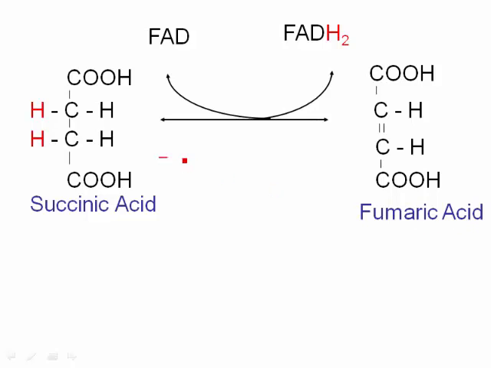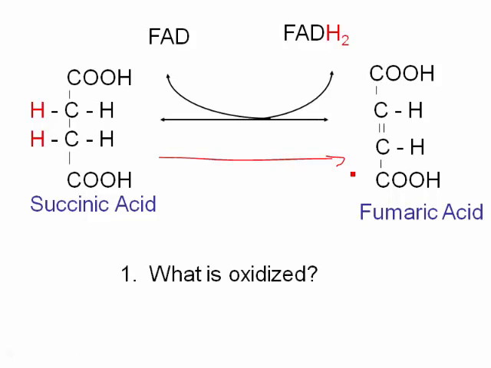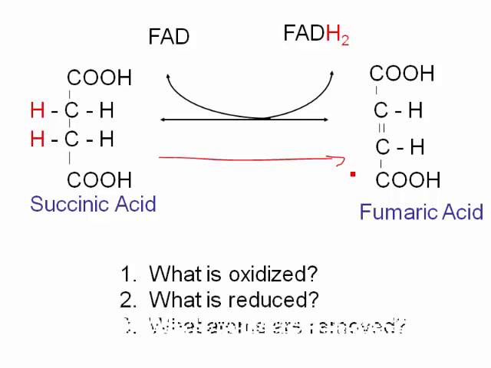So let's do the reaction from left to right. If you go left to right, I want you to ask the question, what is oxidized when you go left to right? And what is reduced when you go left to right? And what atoms are being removed?